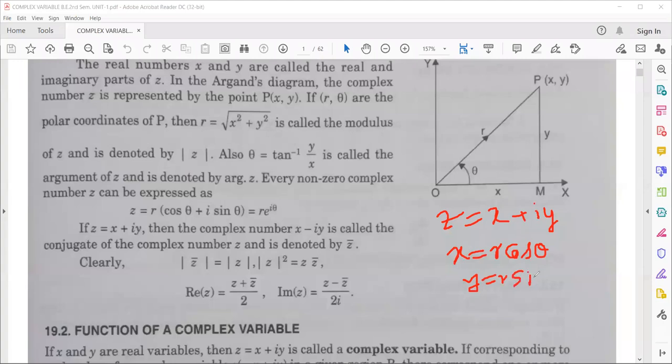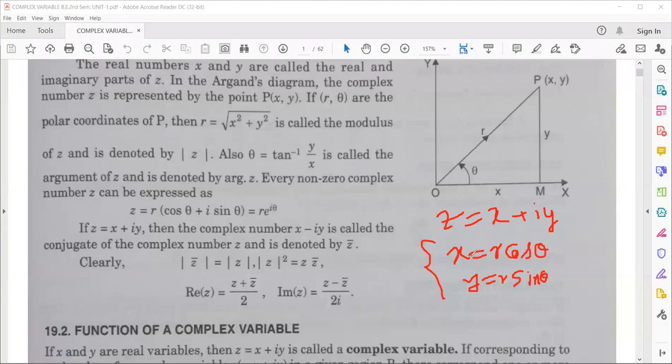This is the transformation you need to use whenever you need to convert a Cartesian equation into a polar equation. Always this transformation is used: x is equal to r cos theta, and y is equal to r sin theta.